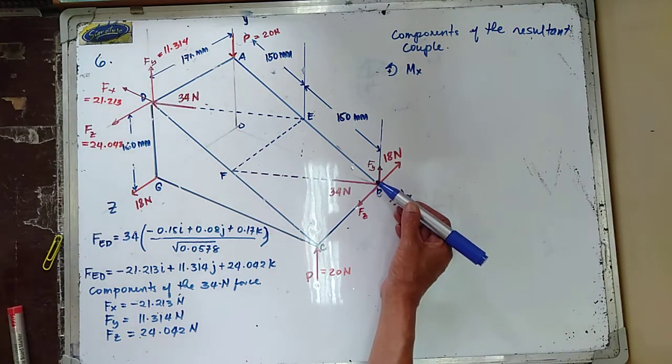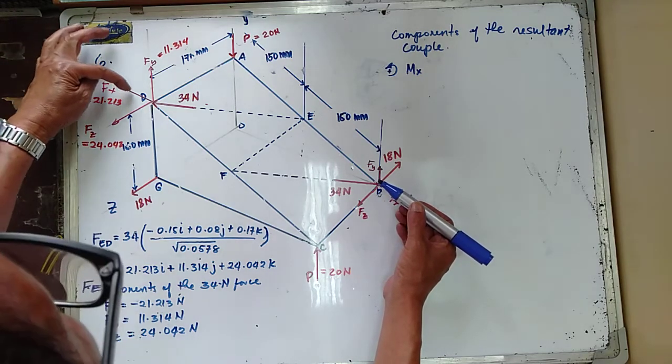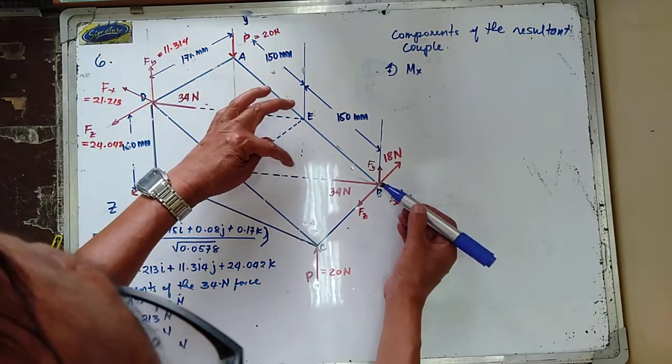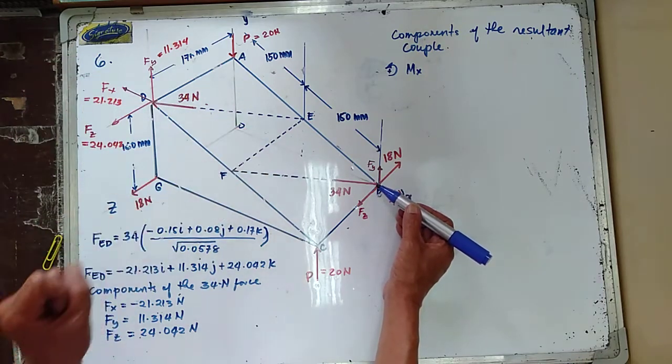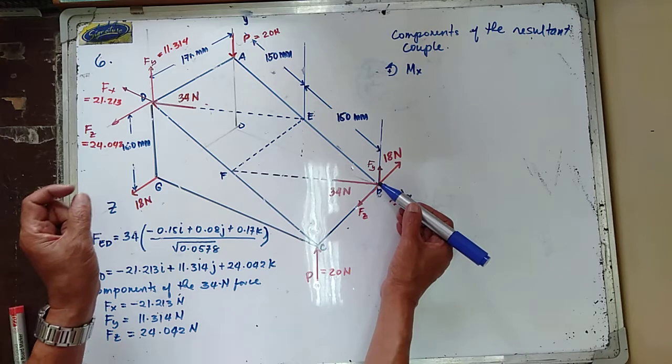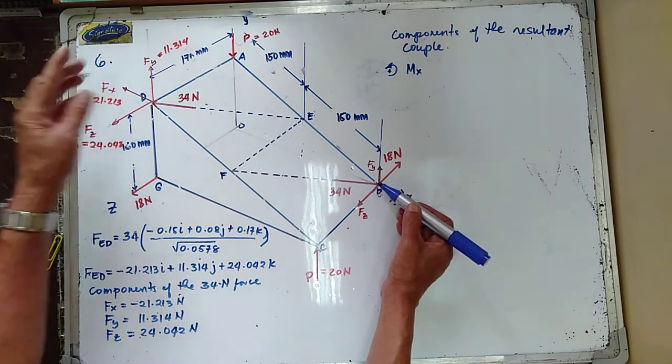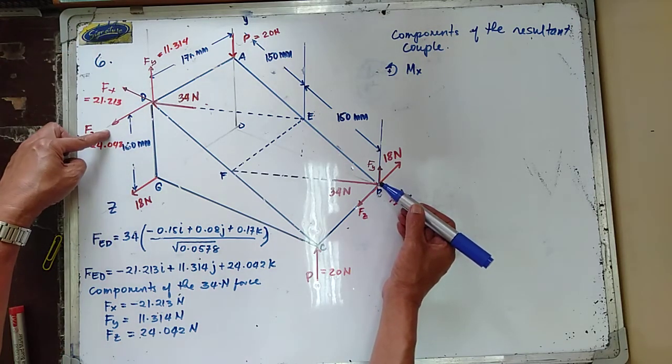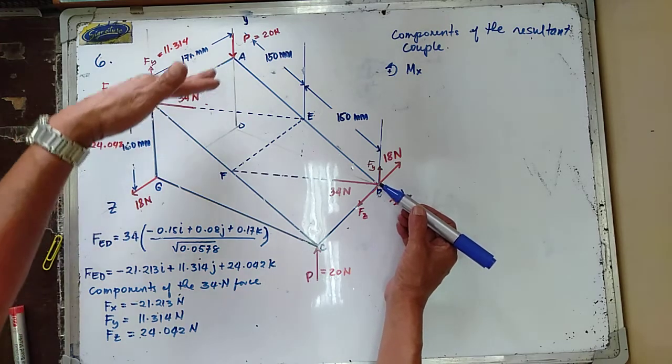Fx, which is equal to 20, is parallel to the x-axis, so it has no moment about the x-axis. Your Fz has a moment about the x-axis.